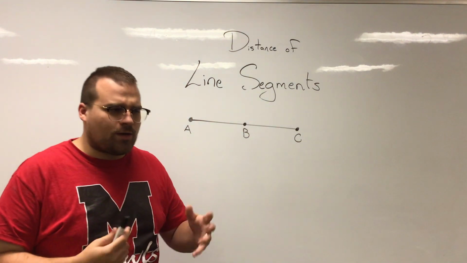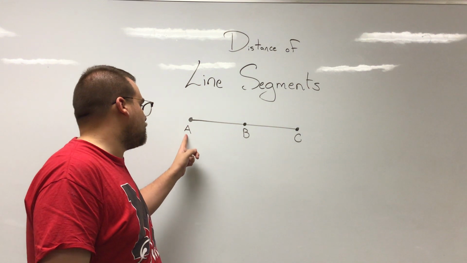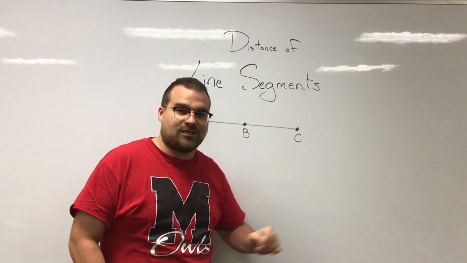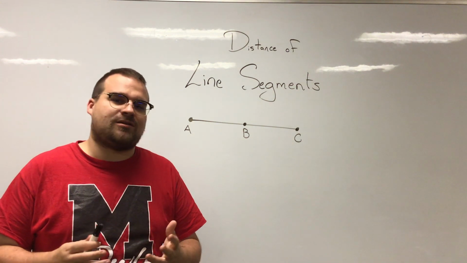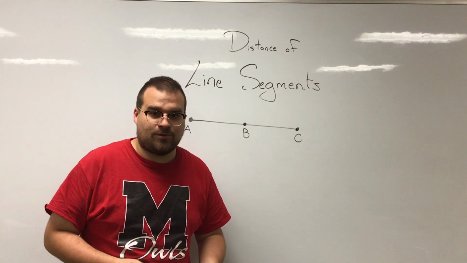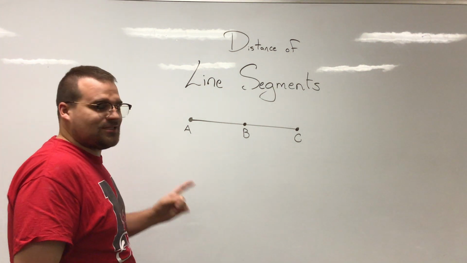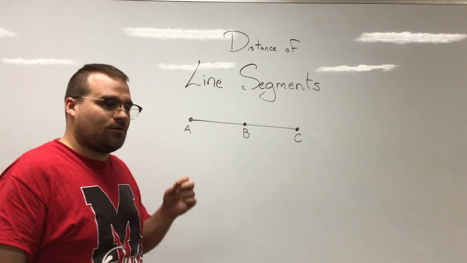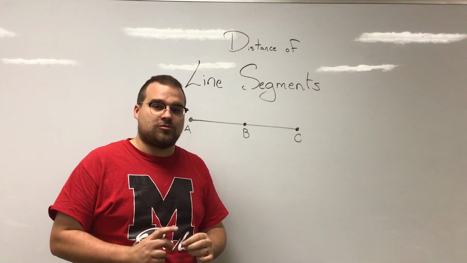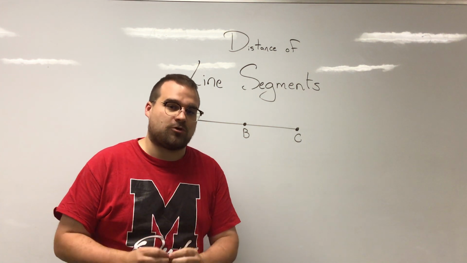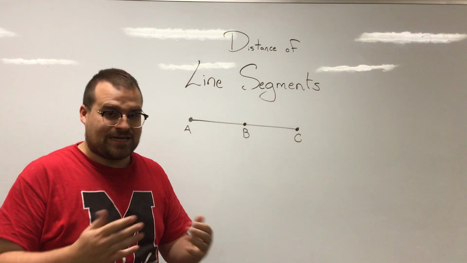Now, we're not going to be talking about line segments in the thought of it starts at 0 and it goes to 10, how long is the line? We already know that. We don't need to have instruction over that. What we do need to start looking at is talking about line segments in the sense of how they are constructed and how we can use that construction to form equations and learn about missing variables or segment lengths.